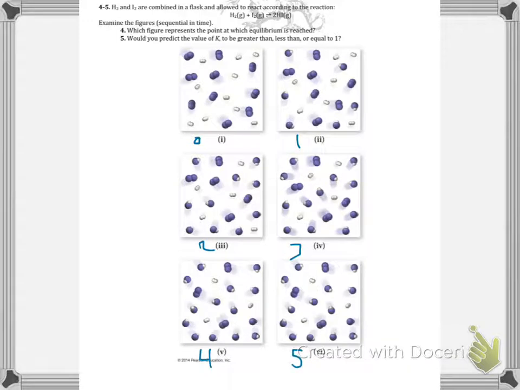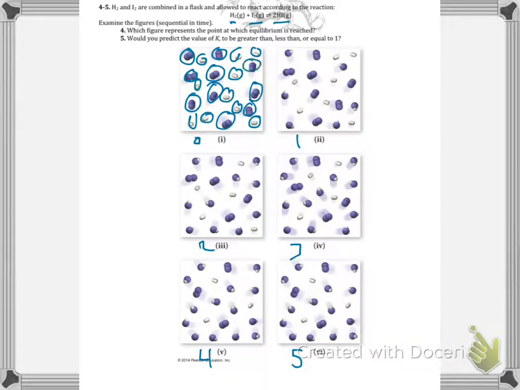If you take a look here, we have H2 plus I2 yielding HI. And you can see here that we only have H2 and I2 within this. So we have iodine gas and hydrogen gas. There's only reactants in this first picture here.